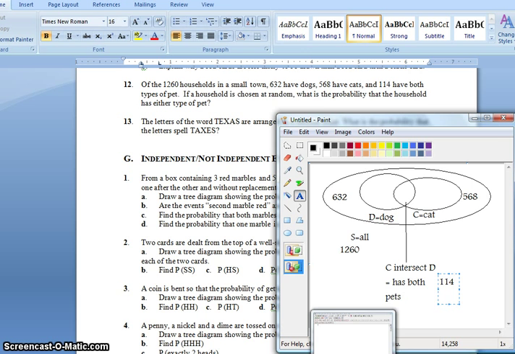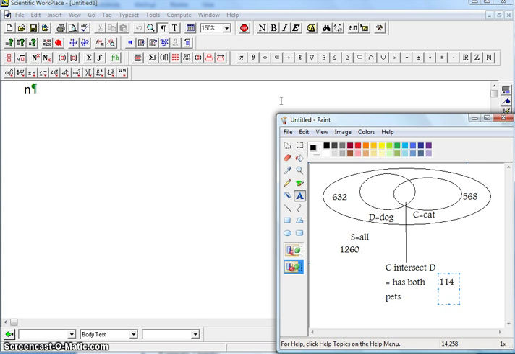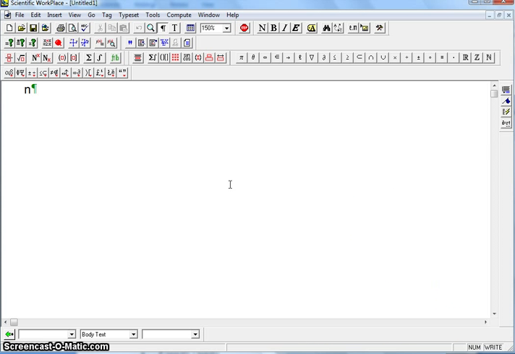Okay, so let me just write that stuff down. So let's look at the number. Let me bring this back up too. Oh, except I can't type in here and keep the focus. Okay, so let's say the number of the whole sample space was 1260. The number of dog owners was 632. The number of cat owners was, I think, 568.